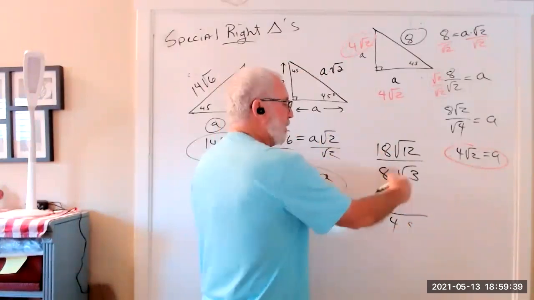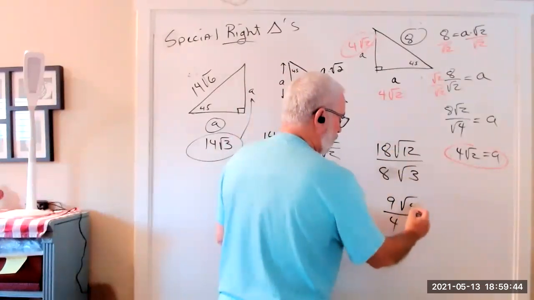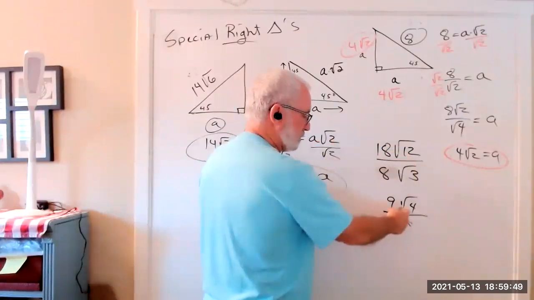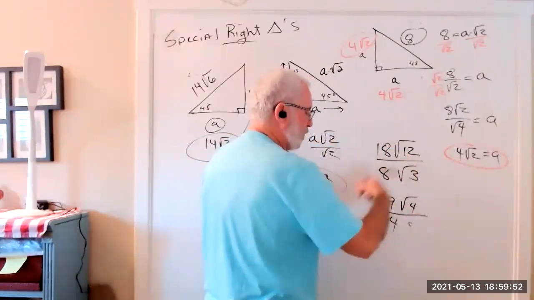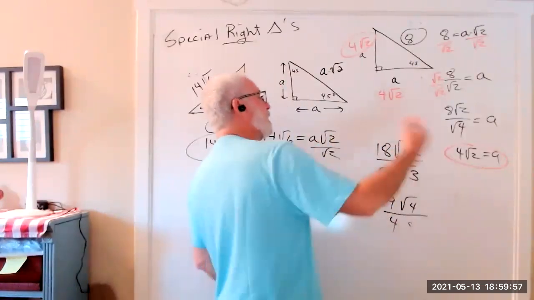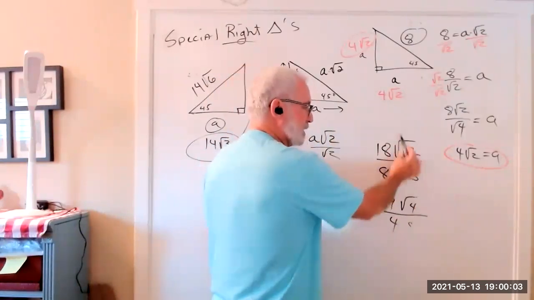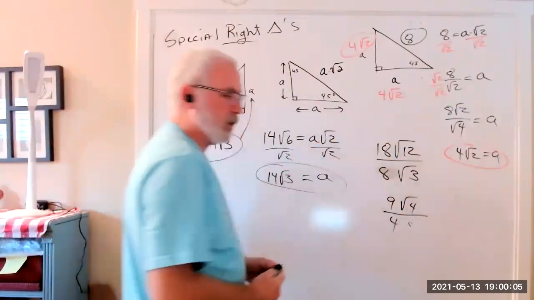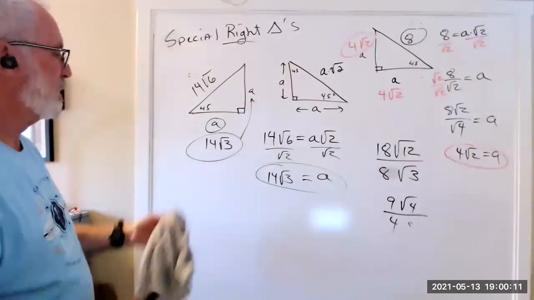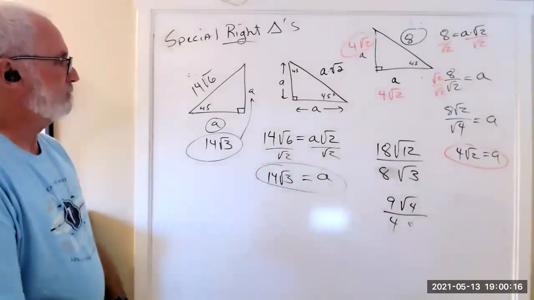Those reduce, but then these also reduce. 3 goes into that 4 times. 3 cancels with 12 4 times, and then simplify the square root of 4 is 2, and you can go on from there. We're not done. But we said that way back in chapter 8. We can reduce outside, we can reduce inside. That was a quick way of working with radicals. Again, there's many other ways, but that's how I got that answer. Okay or not okay?